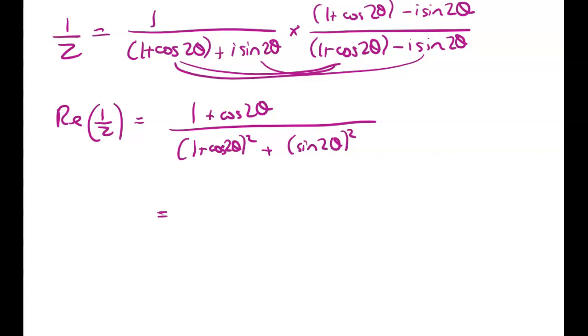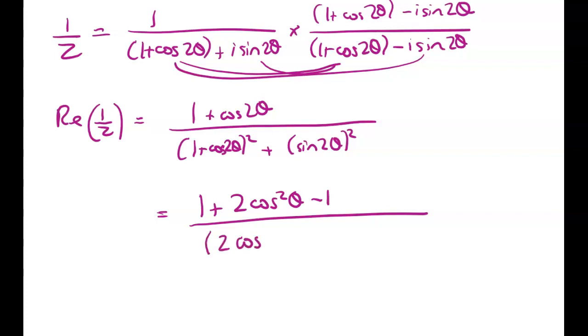And we're basically doing very similar to what we had before. We've got 1 plus 2 cos squared theta minus 1 in the numerator, and here we've got 2 cos squared theta squared plus 4 sine squared theta cos squared theta.